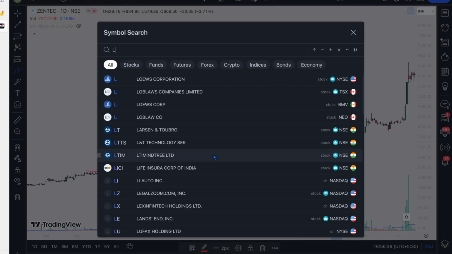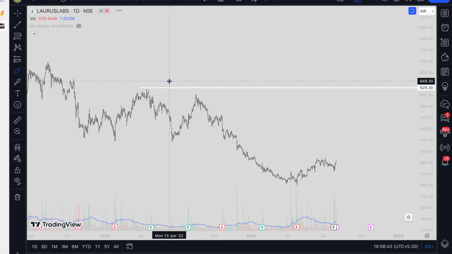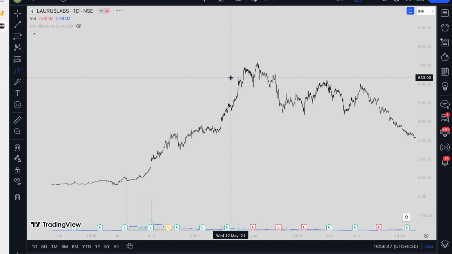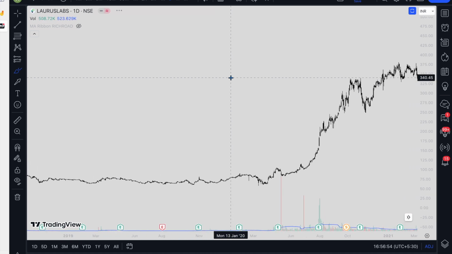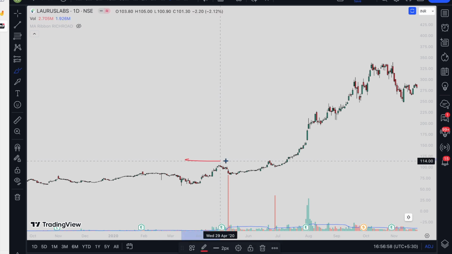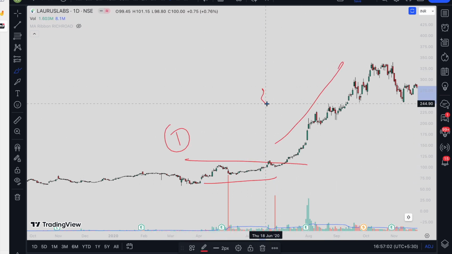Buying. So see here, I'll give you an example of Laurus Labs. What is happening here? I'll give you one more. If you watch this chart at this point, here, what happened here? Well, 2.